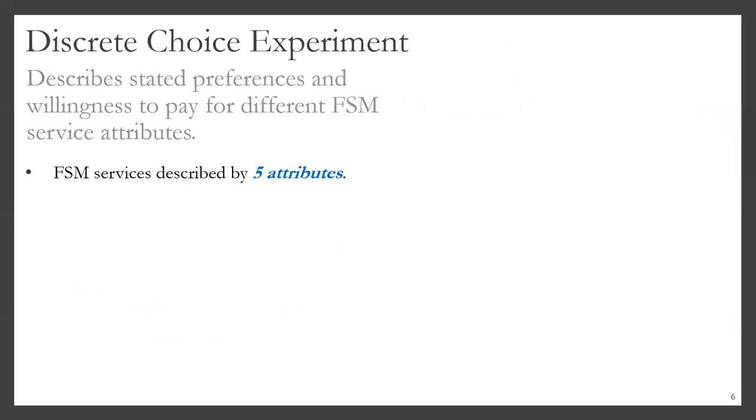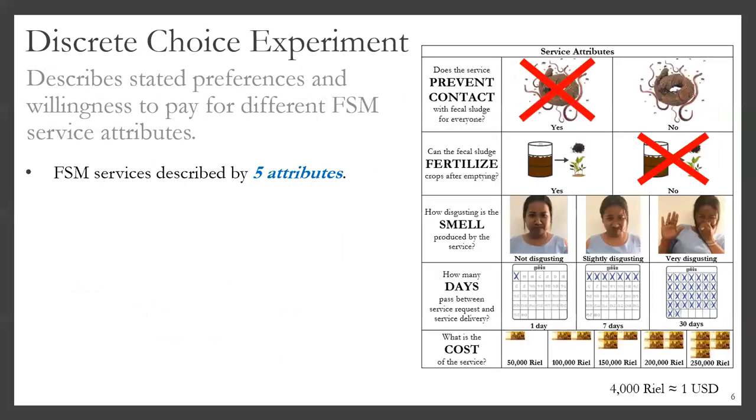We described FSM services using 5 different attributes, and you can see them here in the rows. The first being, does the service prevent contact with fecal sludge for everyone? Can the fecal sludge fertilize crops after emptying? How disgusting is the smell produced by the service, how many days pass between service request and service delivery, and what is the cost of the service. You can see that these attributes are described by different levels using imagery as well as text, and that's to mitigate any issues of literacy in our respondent pool.